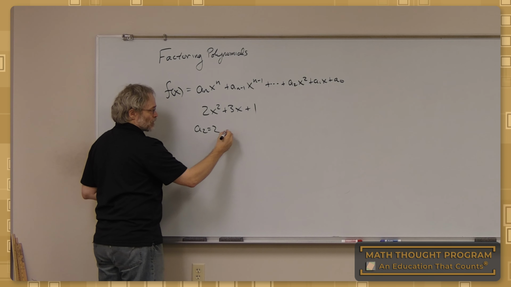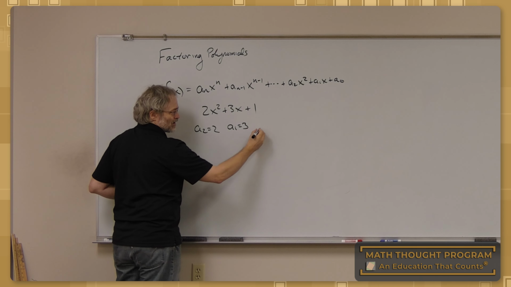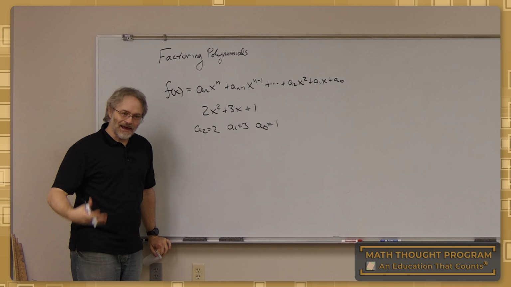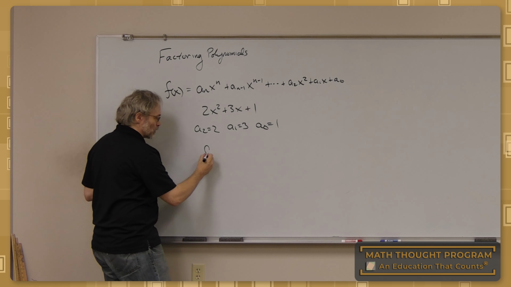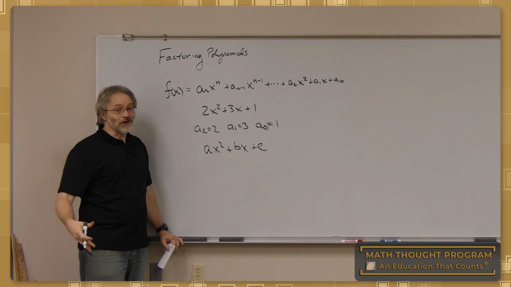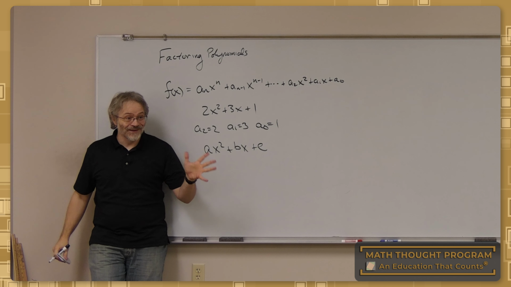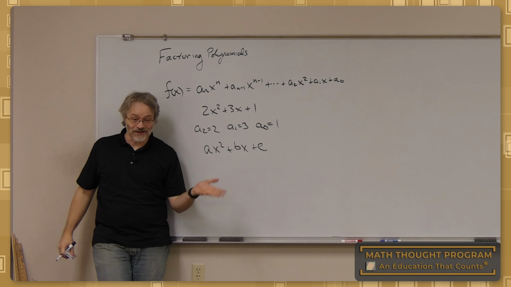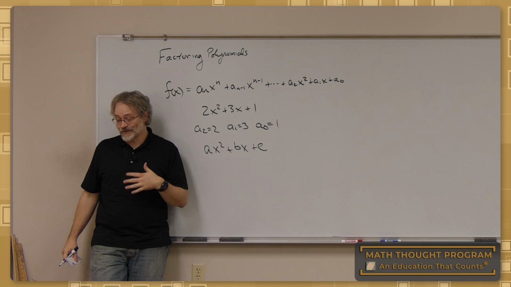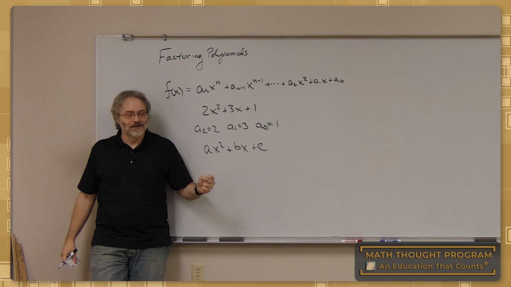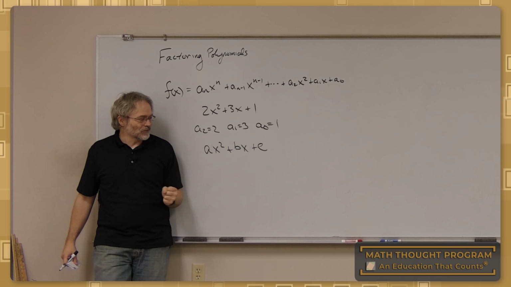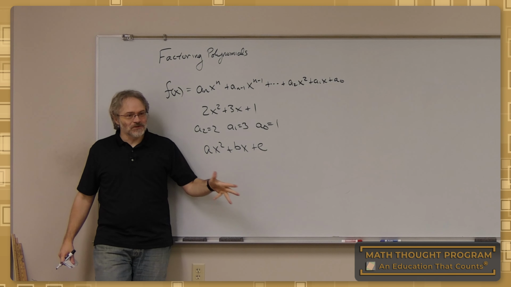A2 is 2, A1 is 3, A naught is 1. I just can't really say A, B, and C like we typically would when looking at a quadratic, because eventually I'm going to run out of letters. When I get to maybe degree 26, okay, I'm fine. Degree 27, okay, I'm out of letters. I really would end way before then too, but so we use subscripts.